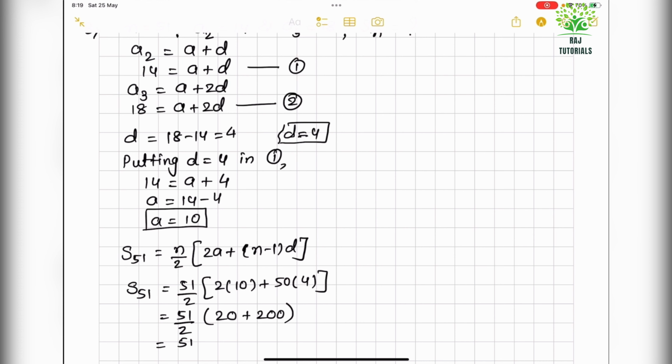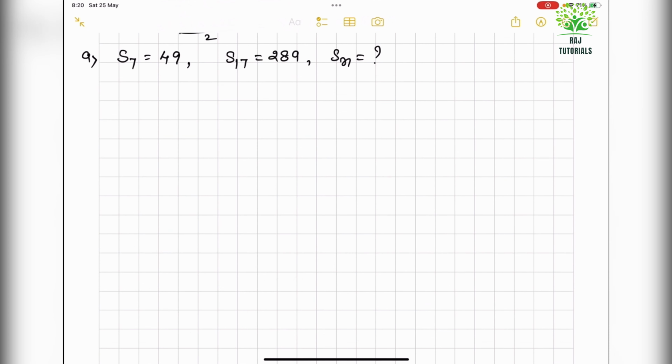So 51 into 220 upon 2. So that will be 51 into 110, so 5610.